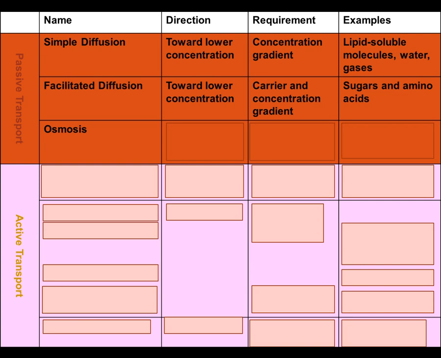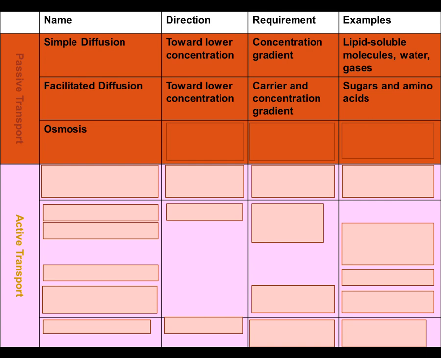because water can move across a membrane. A lot of times other substances that are charged, like sodium or potassium ions, need a gate or a channel.